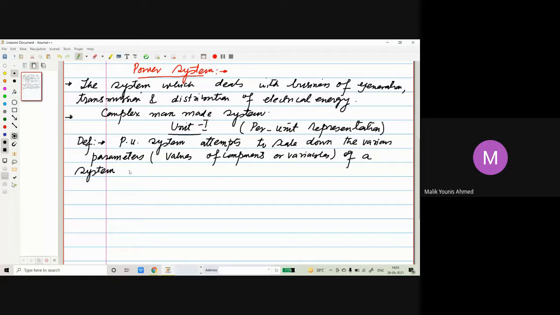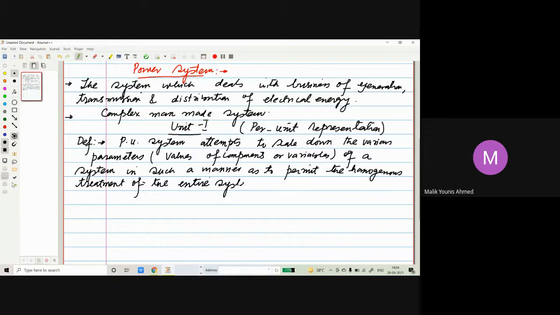The scaling is done in such a manner as to permit the homogeneous, that means uniform, treatment of the entire system.